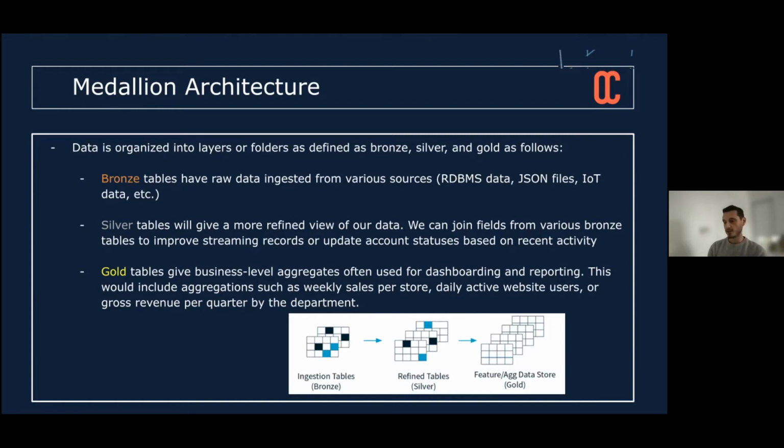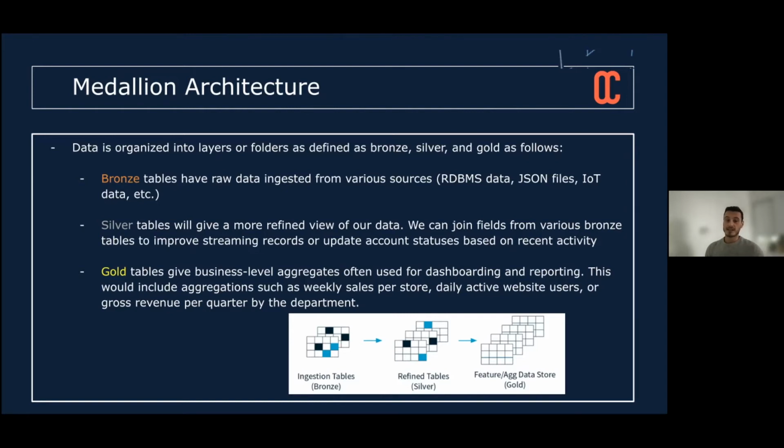We can do filtering, and this is usually the table where data scientists plug in, because the data is already cleaned a little bit. They don't have to do the unfun part of going through the bronze layer and just scattering through the data. So yeah, data scientists love this.